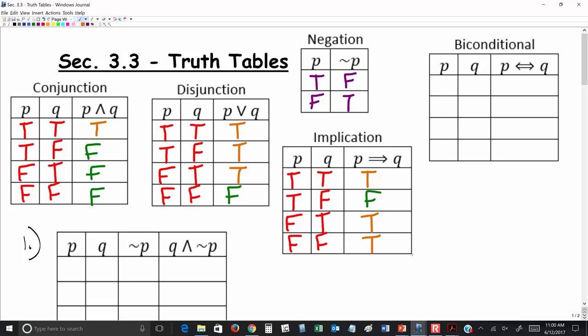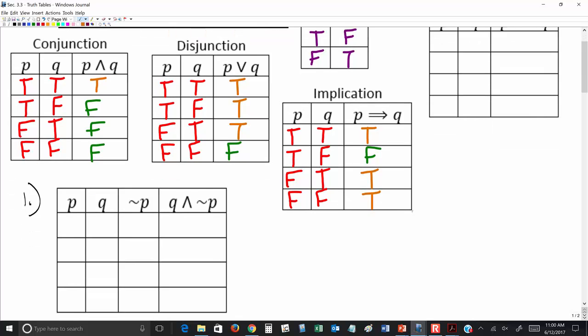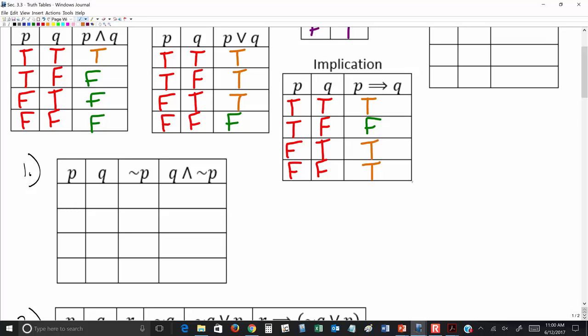Okay, so let me give you an example to help you understand why that is true.